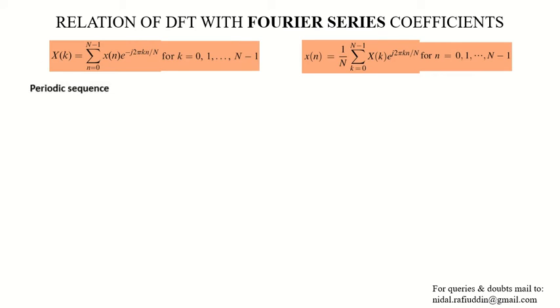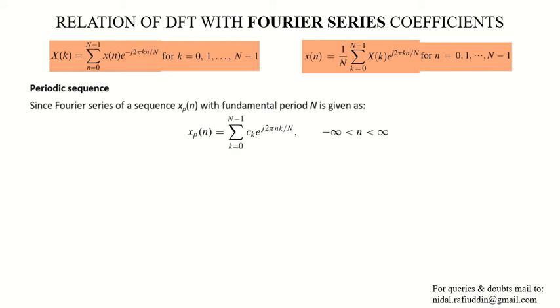And now if we talk about the periodic sequence, suppose that we are given a periodic sequence x_p[n], and the Fourier series of sequence x_p[n], which has a fundamental period N, is given as x_p[n] equal to summation k equal to 0 to N minus 1 c_k e raised to power j2 pi nk divided by N. And this small n is varied from minus infinity to plus infinity.